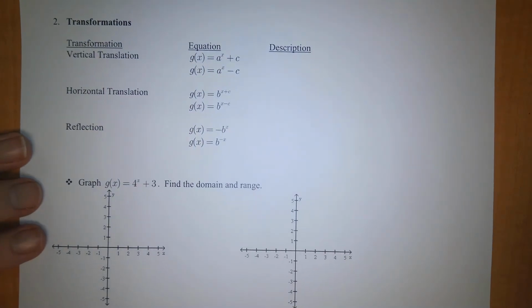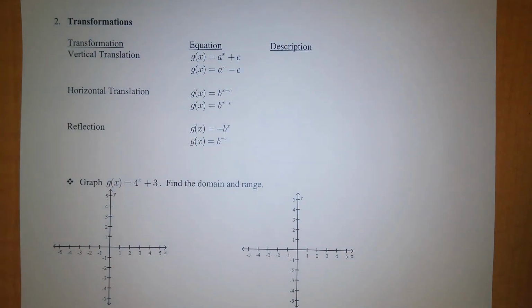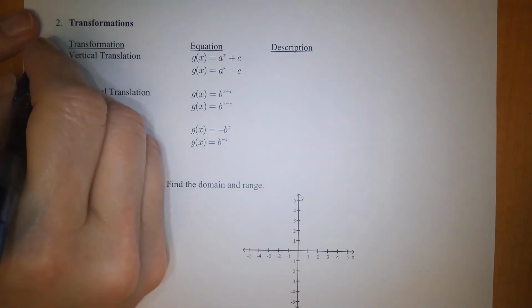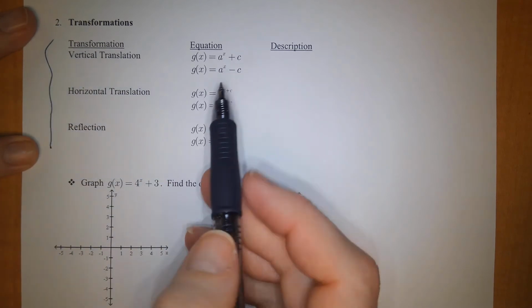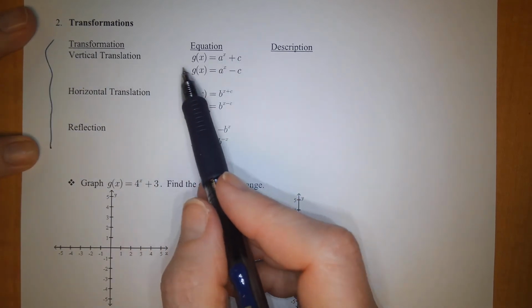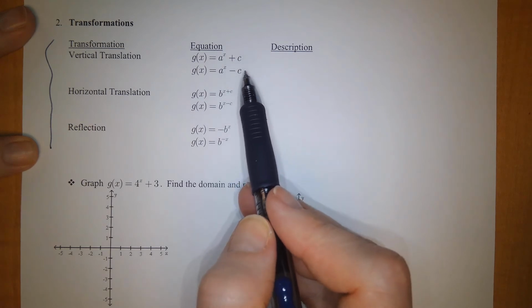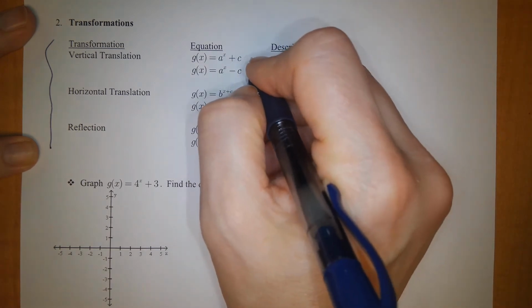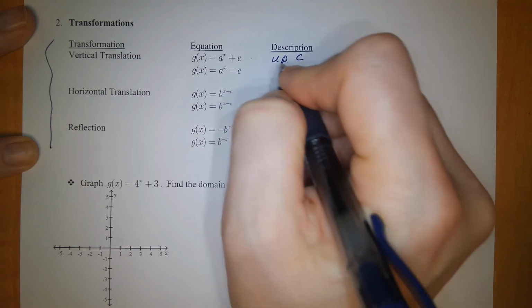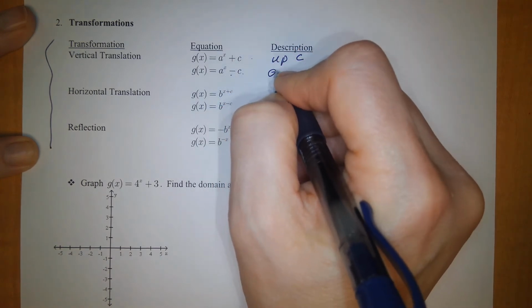So now we can take those exponentials and begin to do transformations on them. Let's review transformations. Remember, a vertical translation is done by adding or subtracting a number on the outside of the function. Adding a number on the outside moves it up. Subtracting a number moves it down.